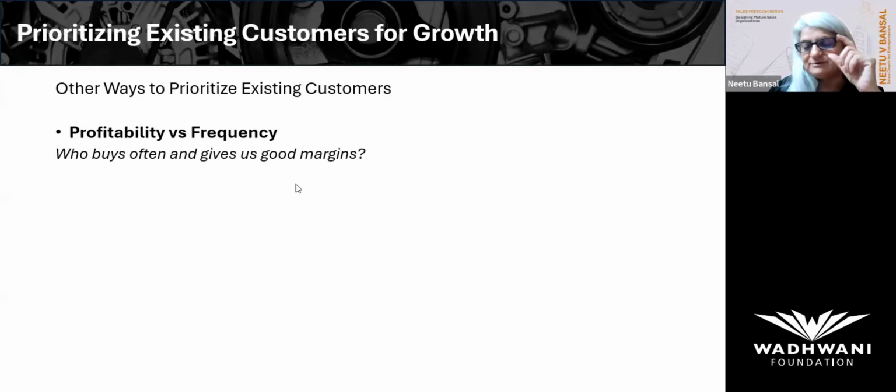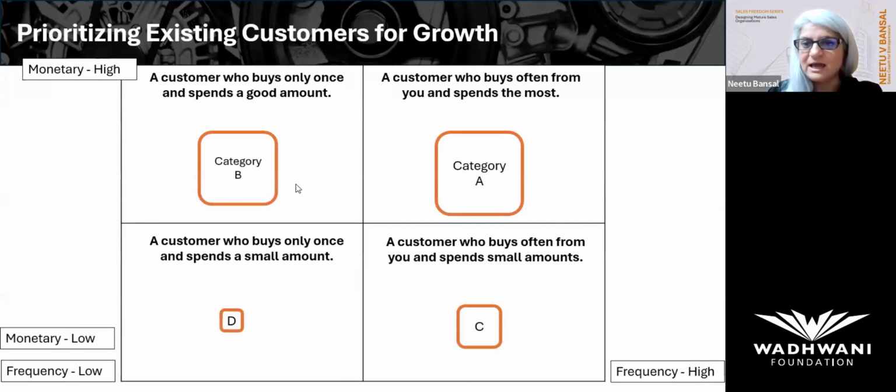So if you look at profitability versus frequency, the customers' categories may change in the matrix. Somebody who is high revenue may not be high profit. When you do profit and frequency, they may not be a category A customer. So you can choose which is the right one for your business.